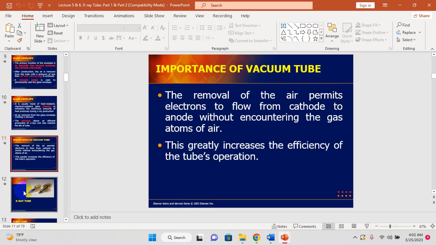Again, it is necessary that no air passes into the vacuum tube, to maintain the efficiency of the tube's operation and to give the tube a longer lifespan.